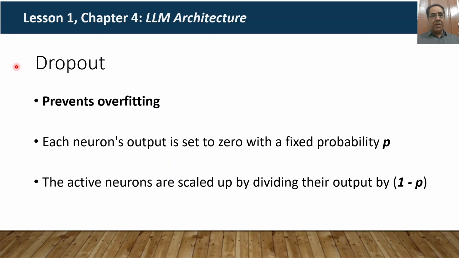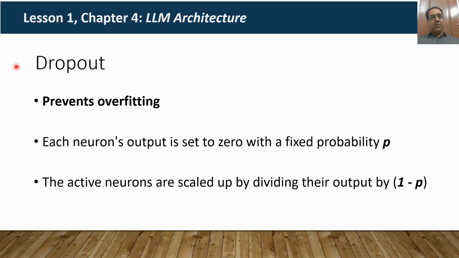Okay, now we discuss the dropout mechanism that's used to prevent overfitting. Dropout works only during the training phase. In the dropout mechanism, each neuron's output in the dropout layer is set to 0 with a fixed probability p, that's usually named the dropout rate. The active neurons are then scaled up by dividing their output by 1 minus p.